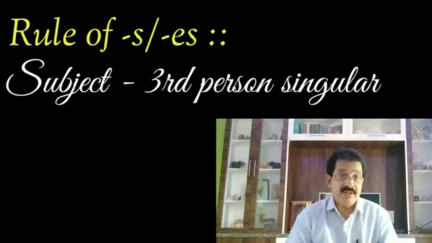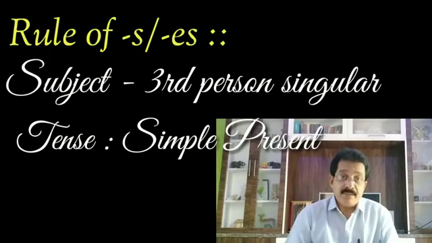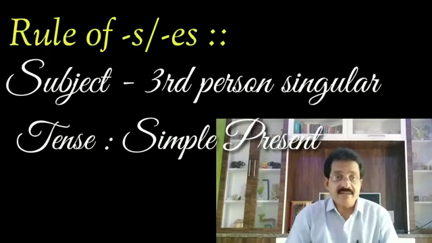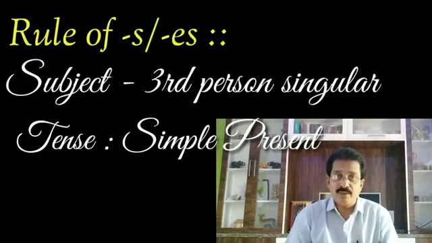Remember, third person singular only, and only in simple present tense. So when these two occasions come together, this rule is applied. I repeat the rule. When third person singular is the subject of a simple present tense sentence, we should add s or es to the verb. That's it. So that's the reason why he goes to school.